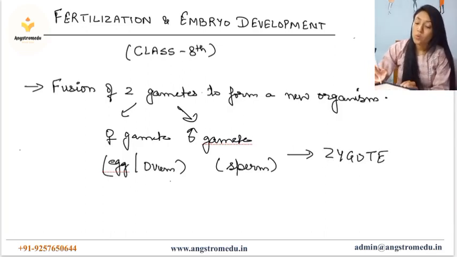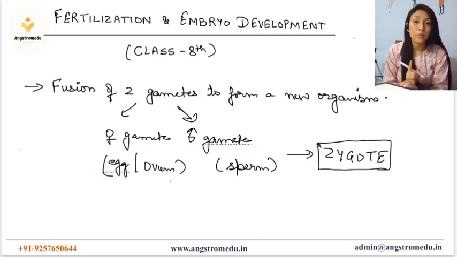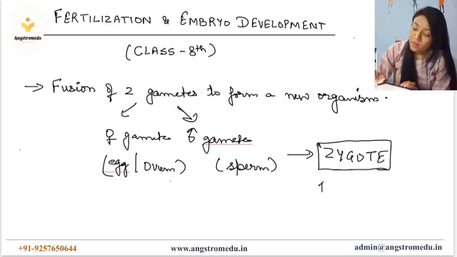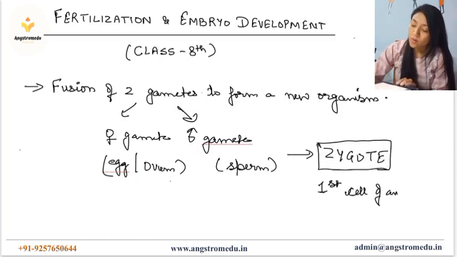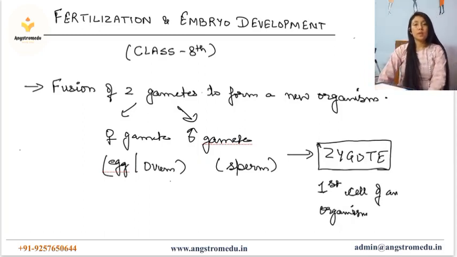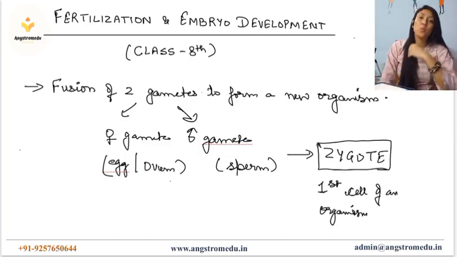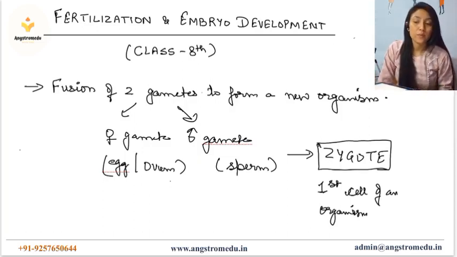Okay, now what is zygote? Zygote is the product of fusion of male gamete with female gamete, and it is known as the first cell of an organism. It is the first cell of an organism, and from this single cell, the whole organism develops.